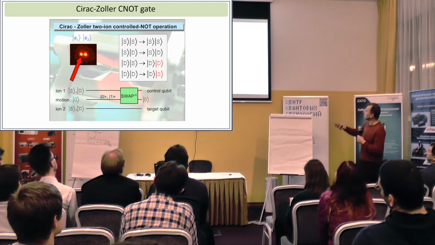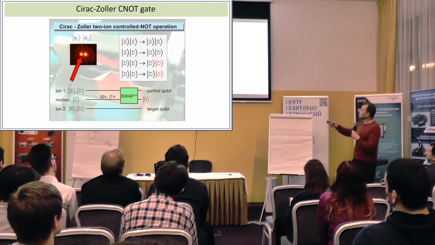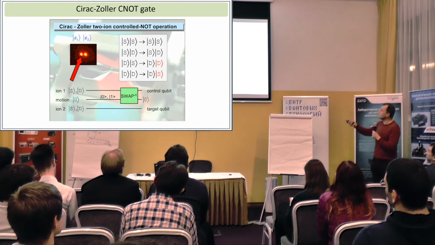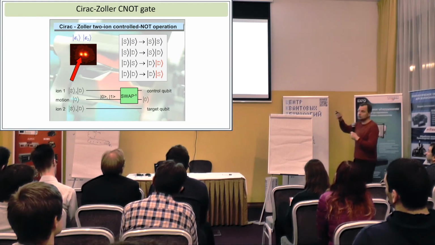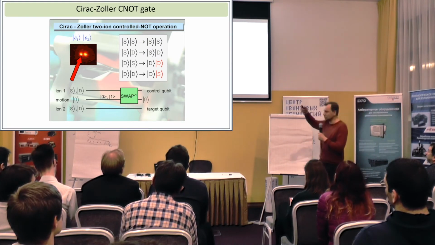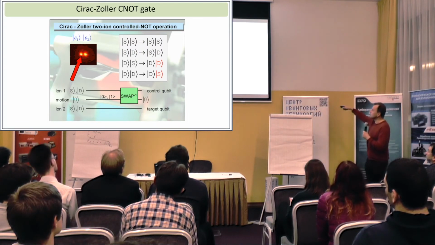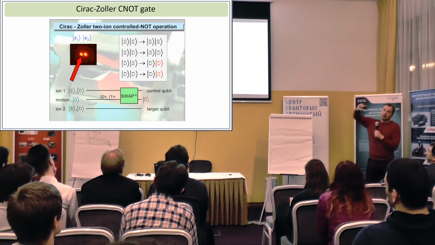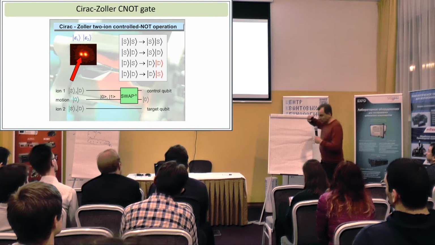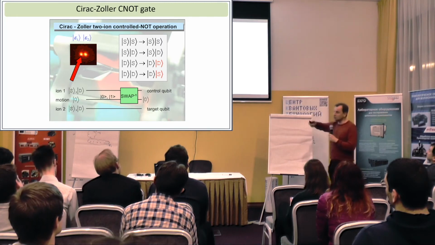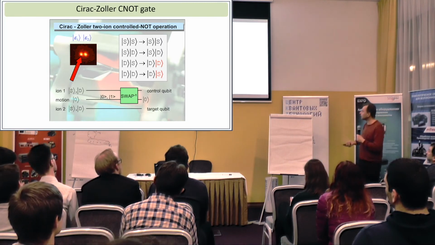We need common motion, which is also a state which we can excite, 0, 1, 2, and so on. And we can do some operations by optical fields. So we can manipulate the states with Rabi pulses from outside the chamber.